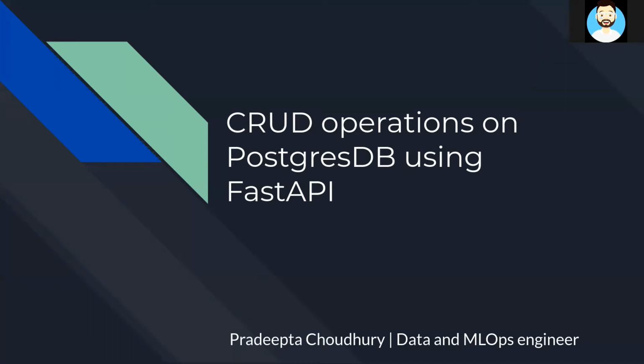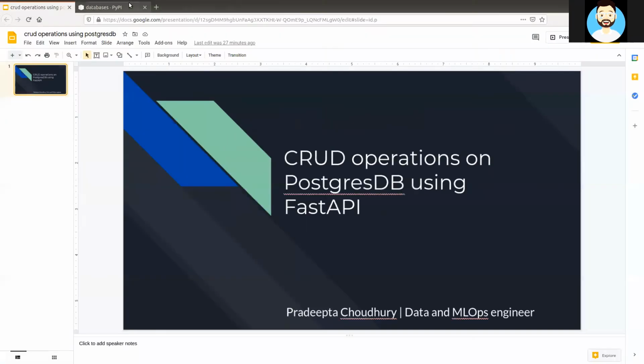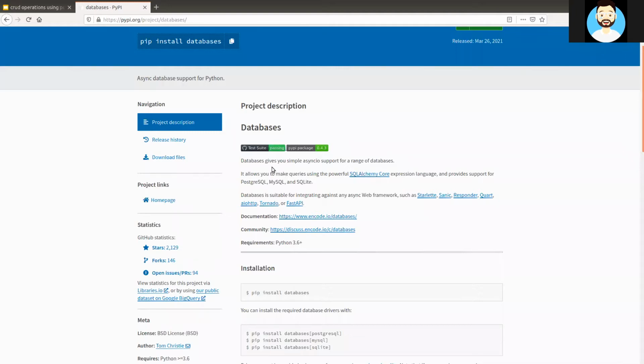So basically, we'll be using a Python package called databases, which provides connectivity and an interface to various kinds of databases like PostgreSQL, MySQL, and SQLite. It uses the SQLAlchemy Core development kit to perform the queries, so it's very simple to use.